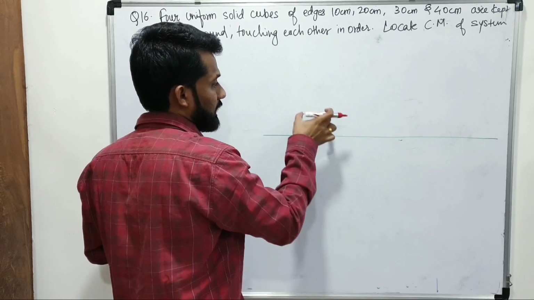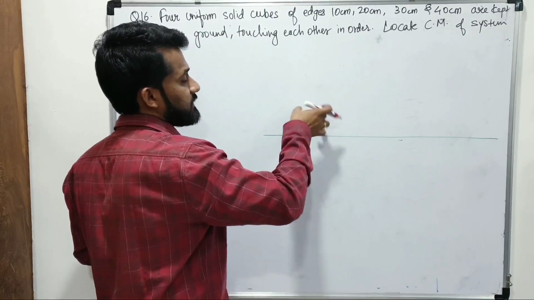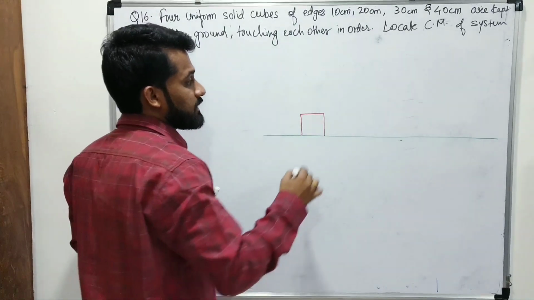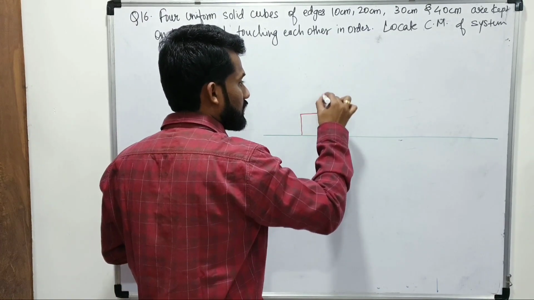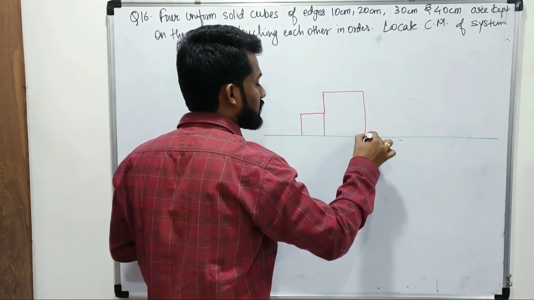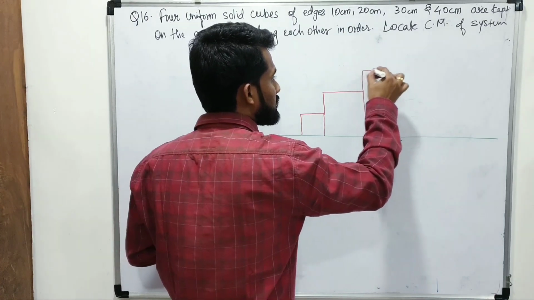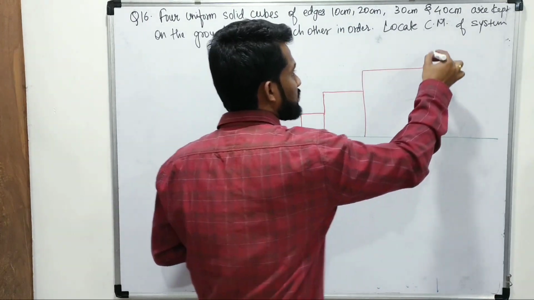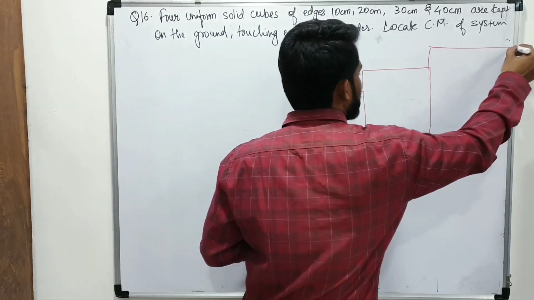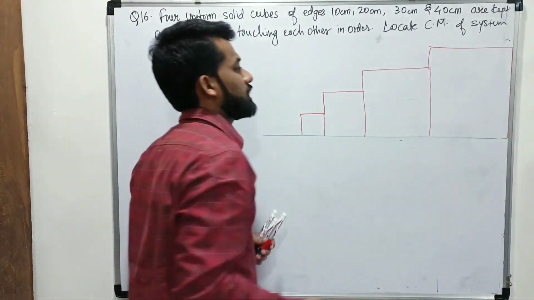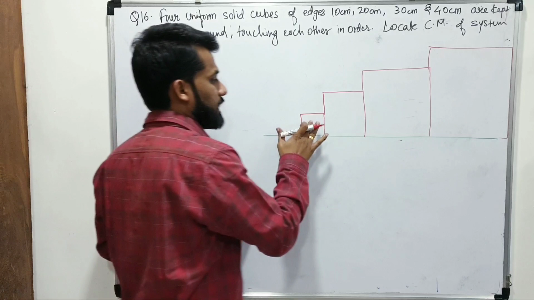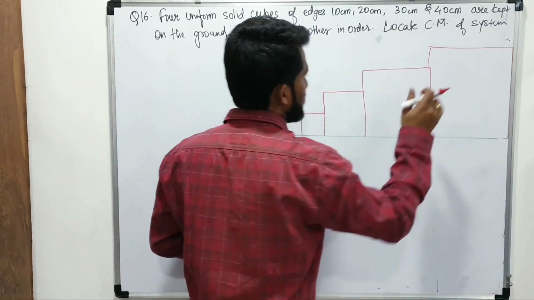Its length of each side is equal. It is 10 centimeters. The second one is 20. The third one is 30. And the fourth one is 40. So 10, 20, 30, 40.